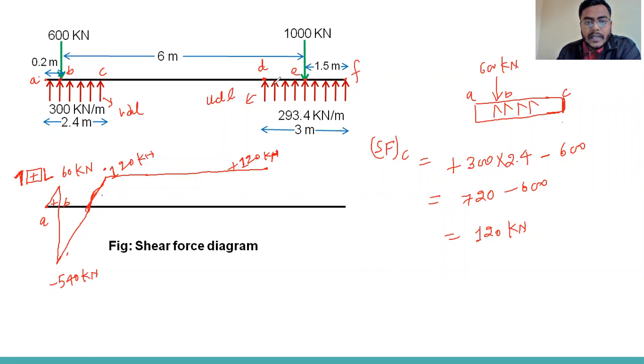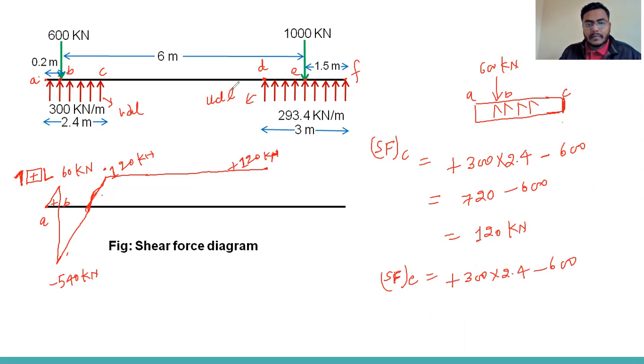Now we can calculate shear force at this point E. We can calculate from the left side. So that will be plus 300 into 2.4 minus 600.